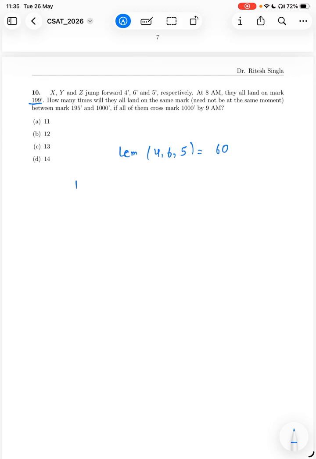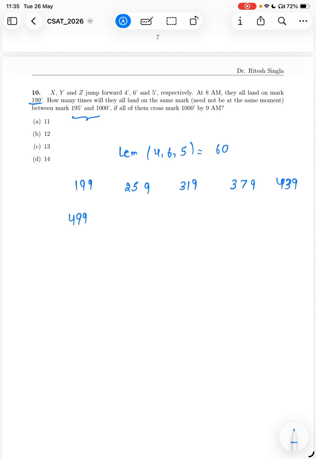So if we have started from 199, the next one will be at 259, followed by 319, 379, then 439, followed by 499, and so on. What they are saying is you need to tell us how many times they are on the same mark between 195 and 1000.